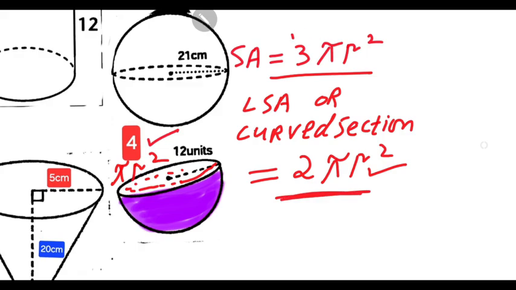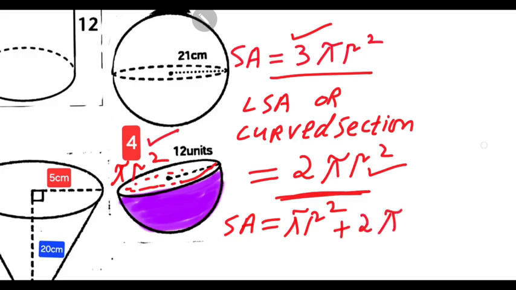So we're gonna use this formula now. So 2 pi r square plus this pi r square become 3 pi r square. So the surface area become pi r square, which is this flat section, and then the curved section plus 2 pi r square, and this become 3 pi r square.